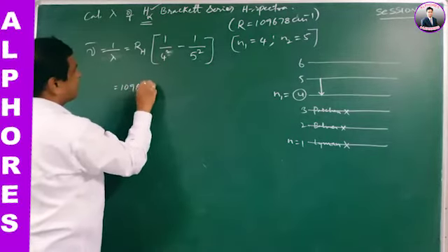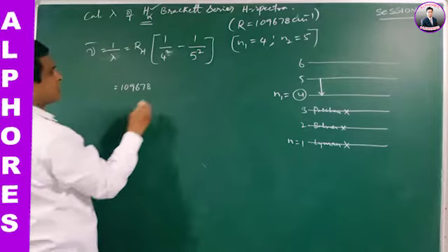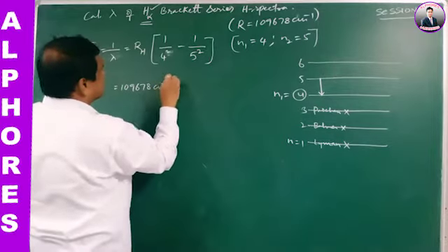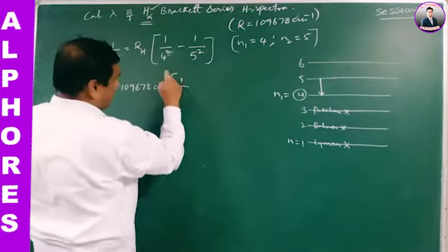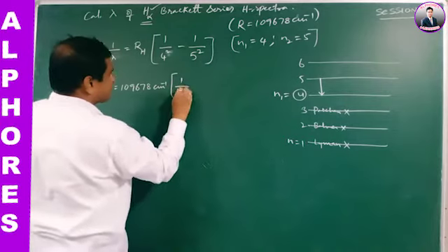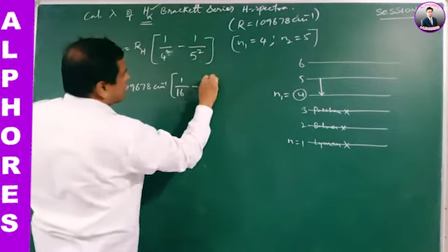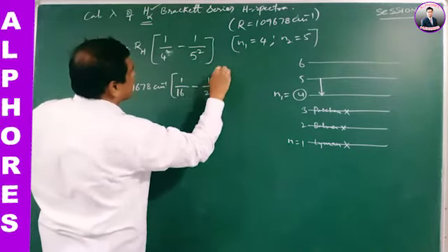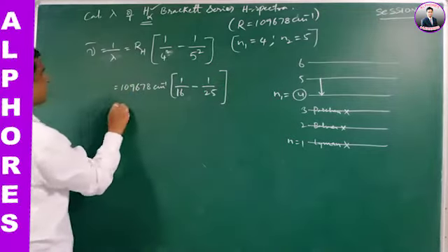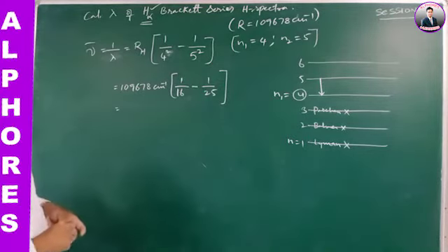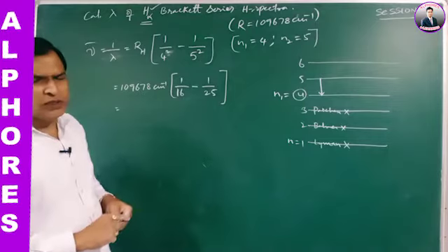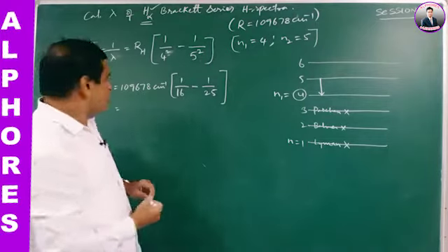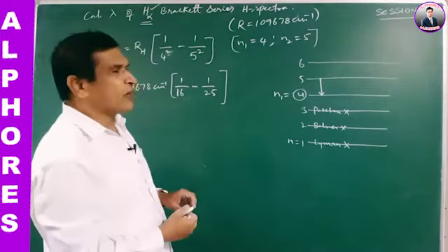109,678 centimeter inverse, into 1 by 16 minus 1 by 25. So solving this, you will get the answer. How much answer can we get? That is 1 by 4 square, that is 16, and 25.